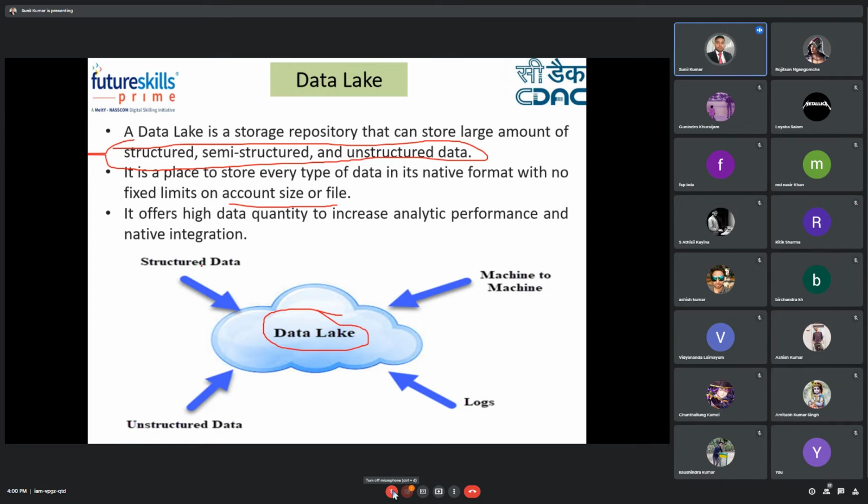You can see that this is the structured data, unstructured data, and any data generated by a machine. All data will be stored in the common, single area that is known as data lake, right?